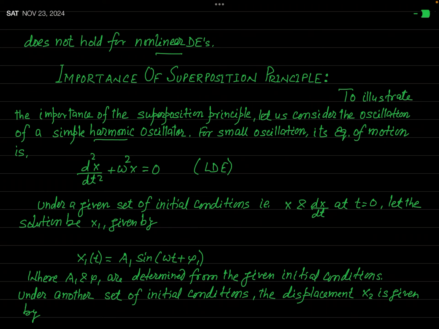Okay, and we have studied in detail in the first unit that for a small oscillation of a linear harmonic oscillator, the equation of motion is given as d2x by dt square plus omega square x equal to 0. This is actually a linear differential equation. Here, omega is the angular frequency of the oscillator.